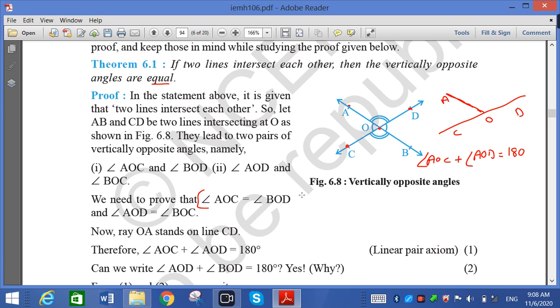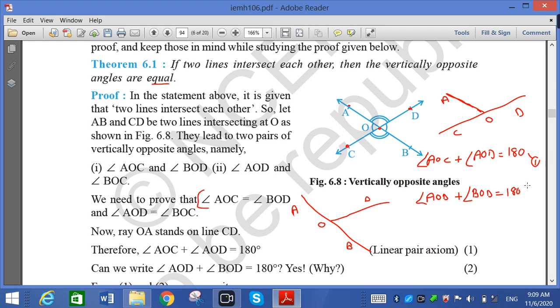Now again we will make another one. A, O, B and D. Now angle AOD plus BOD is also 180.